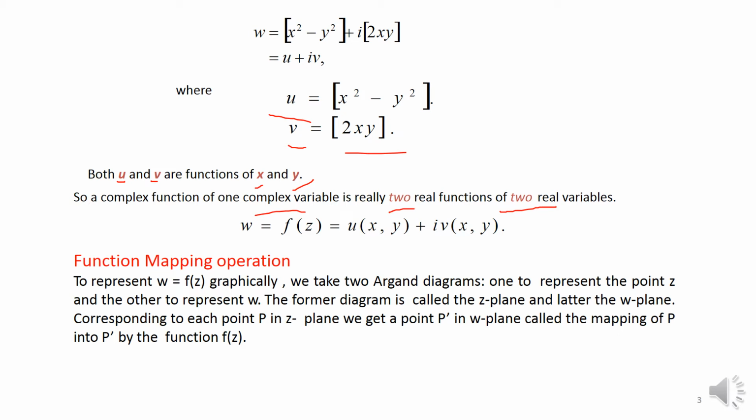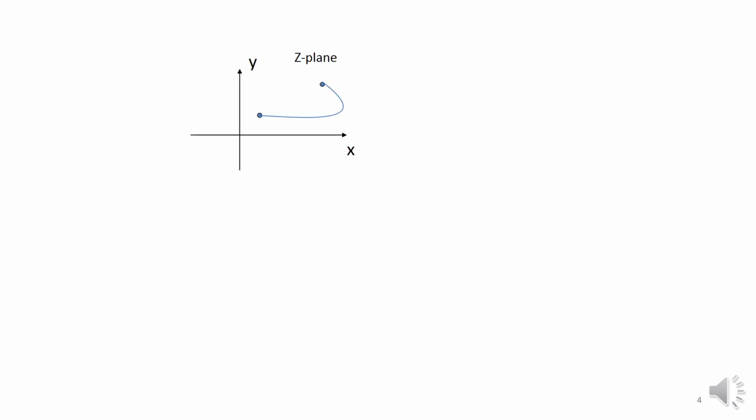The former diagram is called the z plane and the latter the w plane. Corresponding to each point P in the z plane, we get a point P dash in the w plane. So P in z and P dash in the w plane is called the mapping of P into P dash by the function w equals f(z).